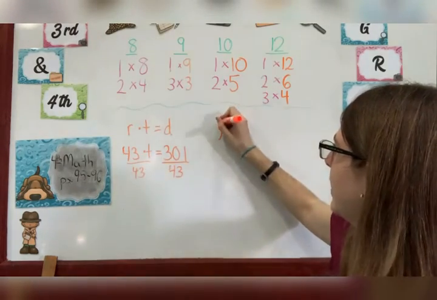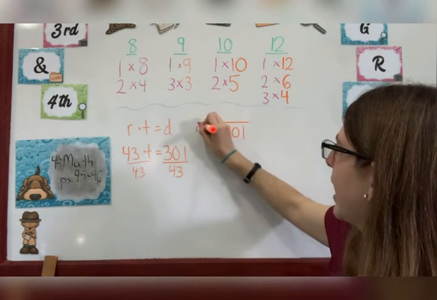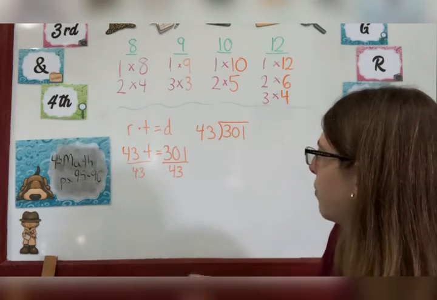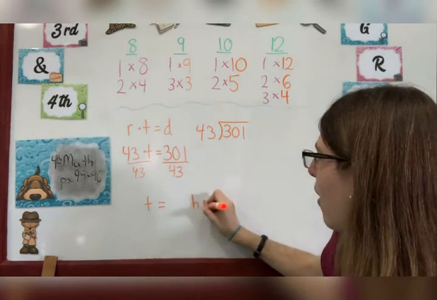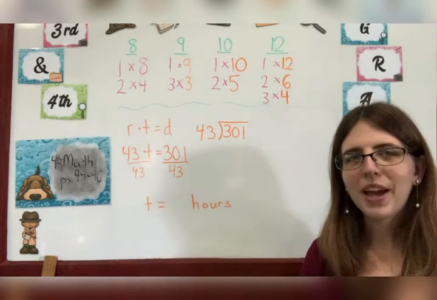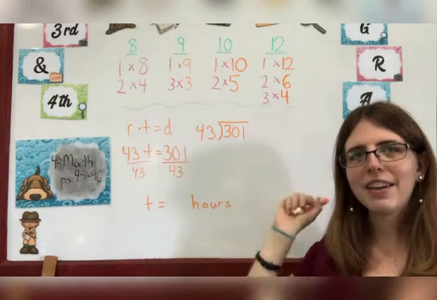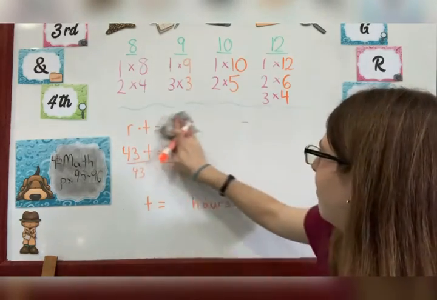So that means I need to take 301 and divide it by 43. And my answer will be how many hours? Okay, so divide by 43. All right, very good.